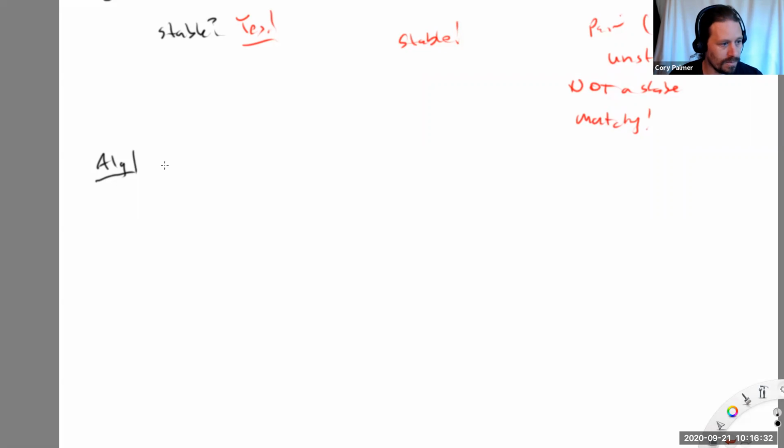Okay, so iteratively do the following. It's just going to be a bunch of rounds until the algorithm terminates. At each step, I'm just going to call it a day.